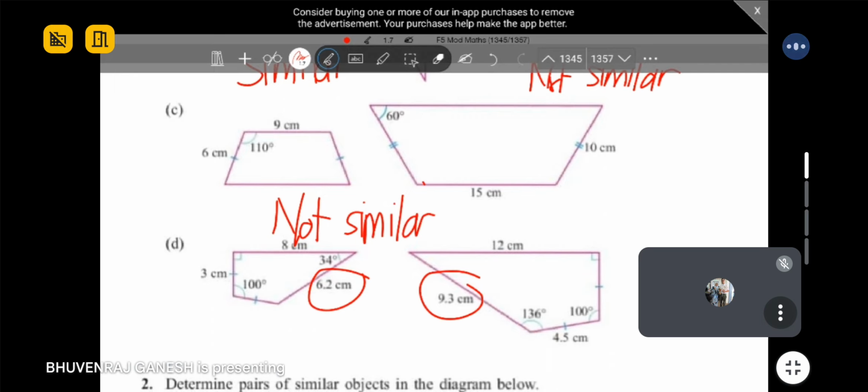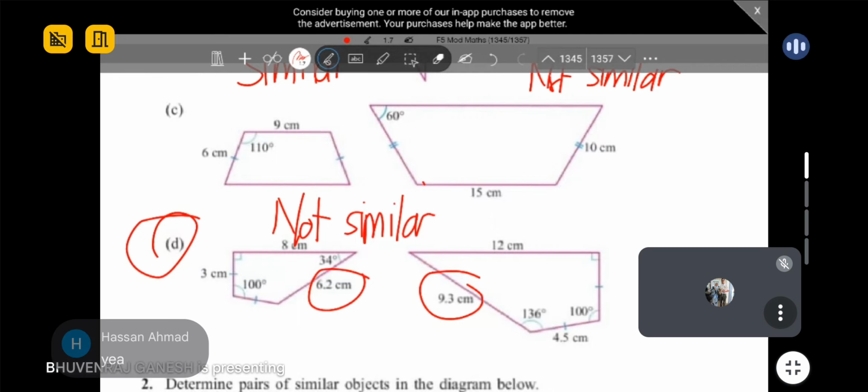The rest for question D, is it similar or not? Yang lain, adakah dia serupa? Check and see carefully. Jangan bandingkan saiz tau. Walaupun saiz berbeza, dia masih boleh serupa. Even different size is still similar, but you must check the ratio.